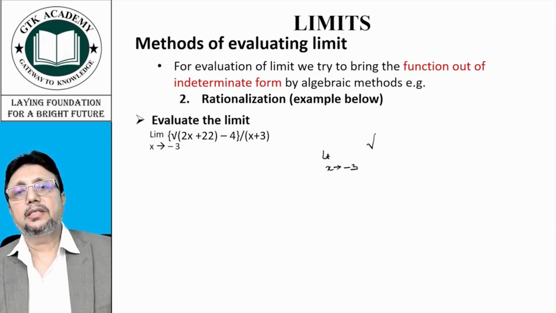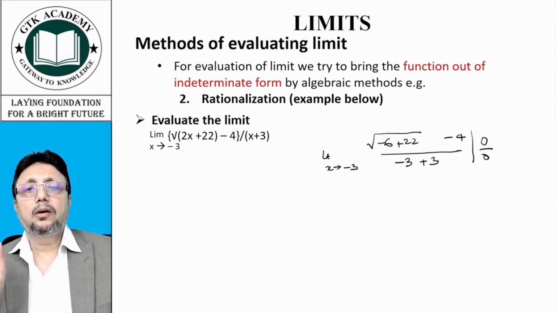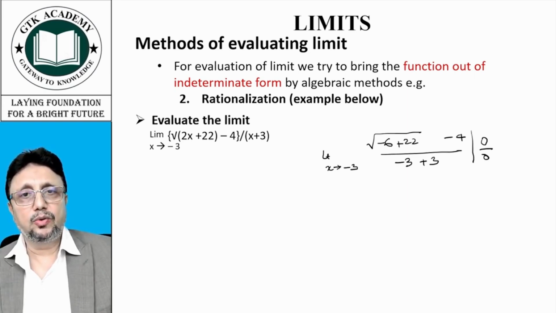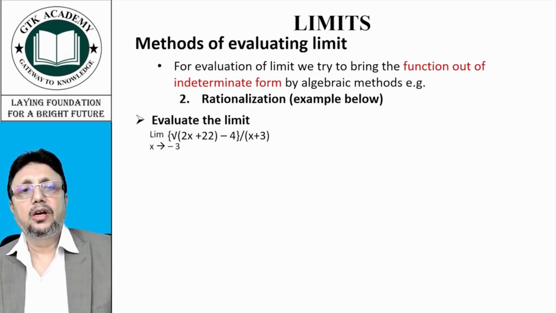If you put x as minus 3, this will be minus 6 plus 22 minus 4 upon minus 3 plus 3. So the form becomes 0 upon 0, indeterminate form. So you can't get the value at x is equal to minus 3. That means you have to find the limit of the function at x is equal to minus 3. Now just see how we do it.